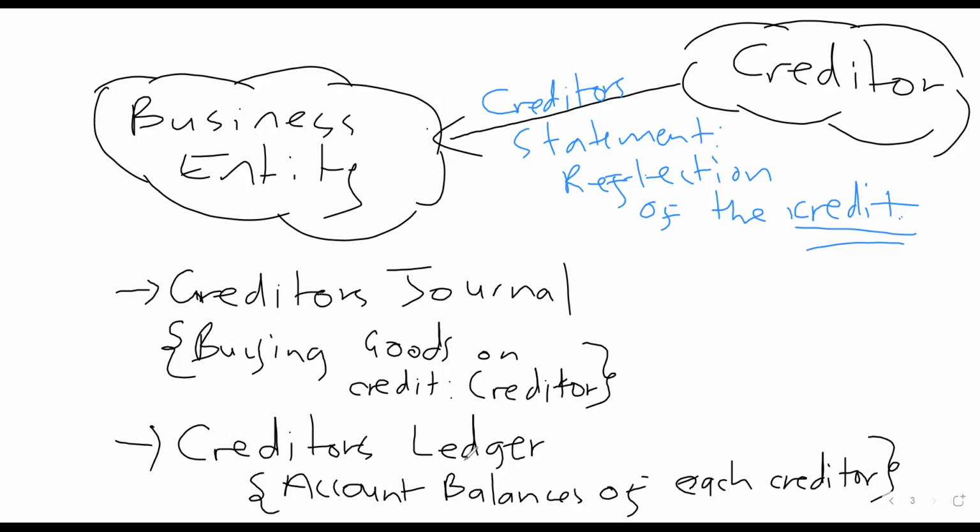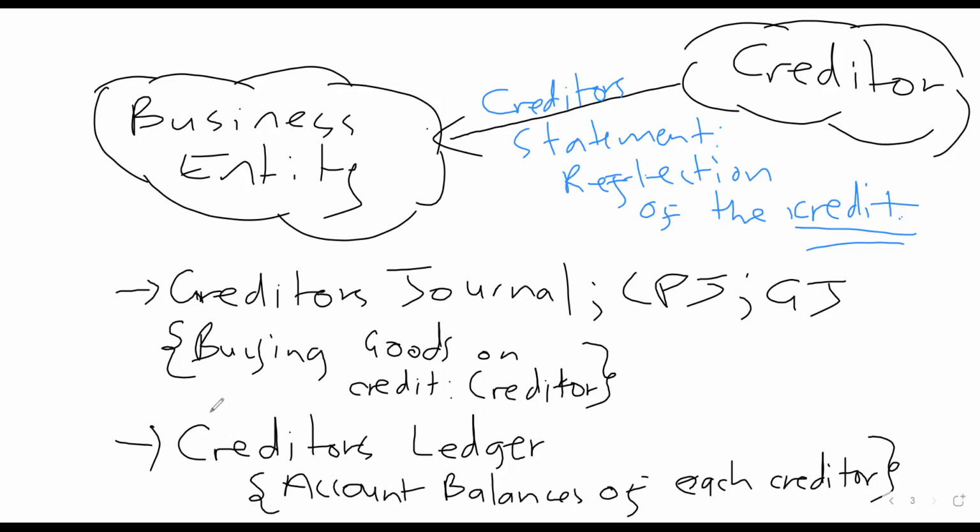And then we totalize all of those transactions because at some point we also pay these guys for whatever we've bought on credit from them. We will pay them. So there will be some other journals that will be affected as well. In this case, to be more precise, your cash payment journal, and the general journal will also be involved. All of these will be affected whenever we are buying and paying the creditor.